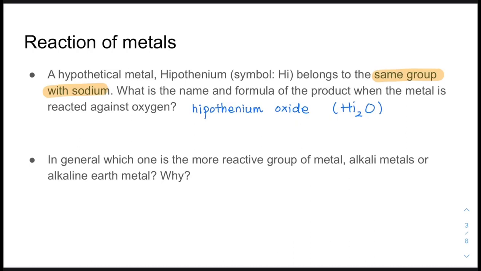Now, the next question. In general, which is the more reactive group of metals, alkali metals or alkaline earth metals, and why? So alkali metals, or group 1, I will use the normal group 1 or group 2. The answer is group 1 will be more reactive.